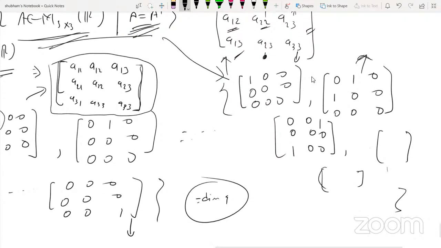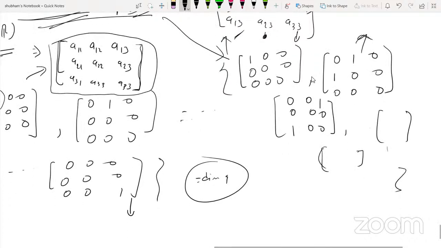How will we check that these are linearly independent? Anyone can tell? Sir, A11 plus A12 plus A13 equal to 0.